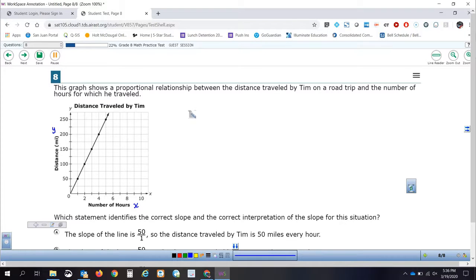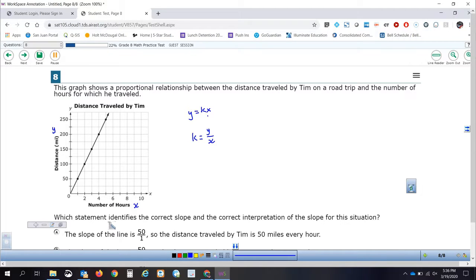And remember, in a proportional relationship, y is equal to k times x, or k, the constant of proportionality, is equal to y divided by x. K is equal to y divided by x.